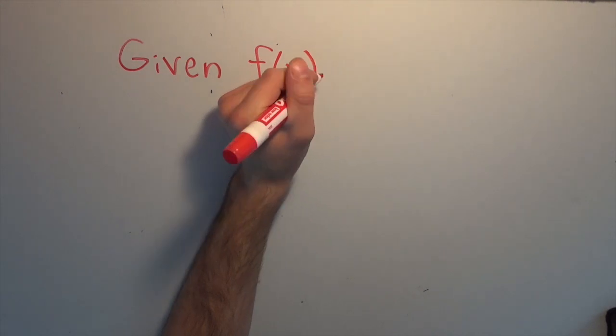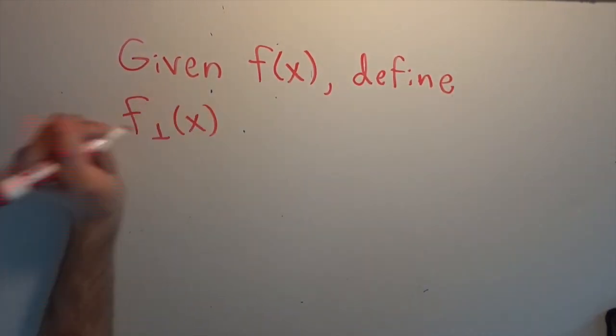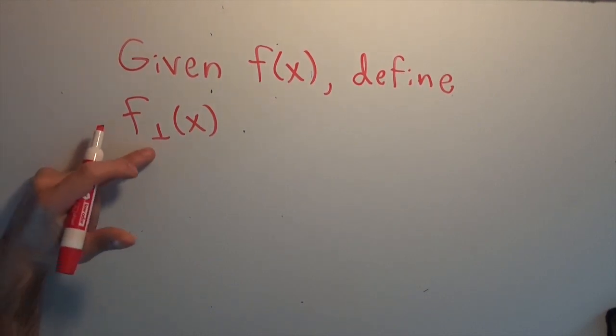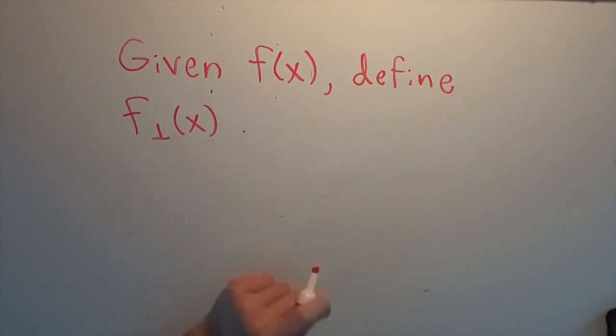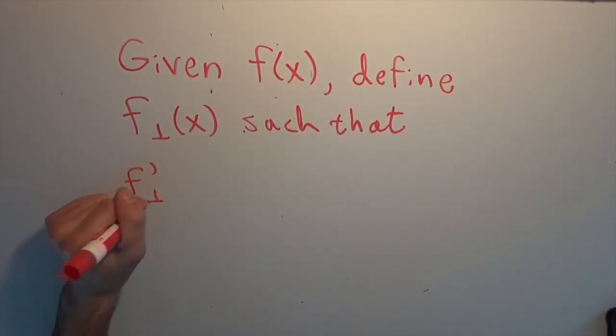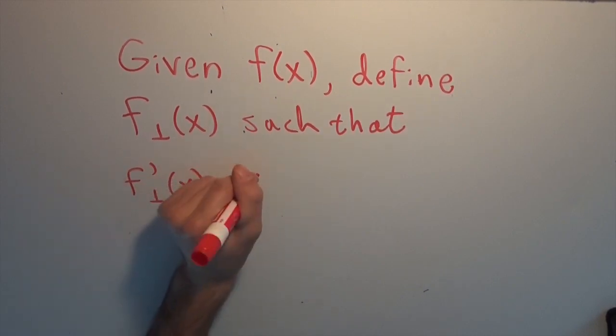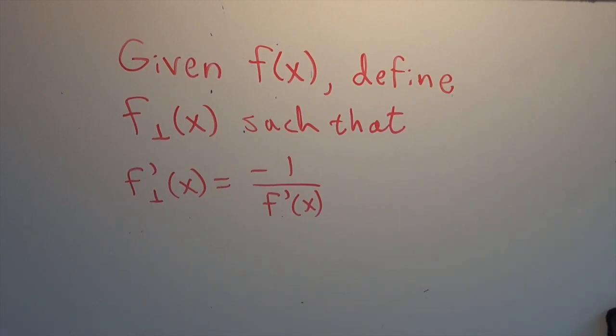We're going to define a new function called f perp, or perpendicular, putting this little perpendicular sign as a subscript. We define this function such that the derivative of the perpendicular function is simply the negative reciprocal of the derivative of the original function f of x.